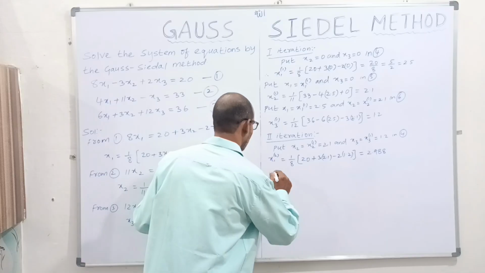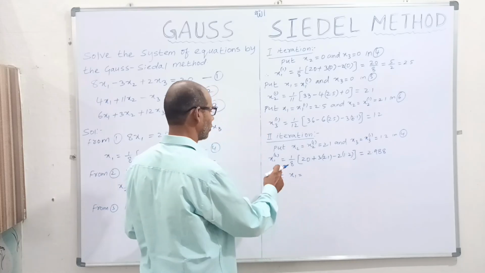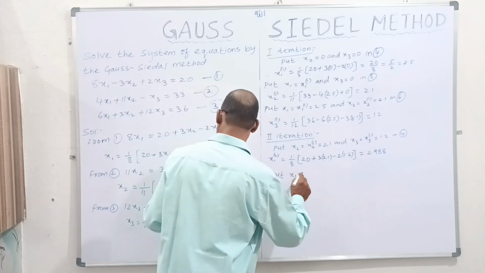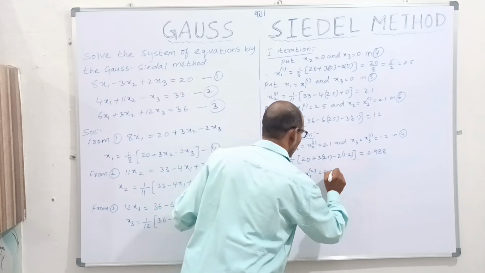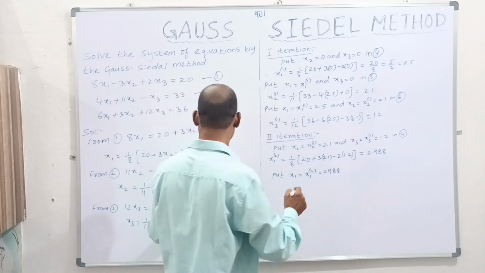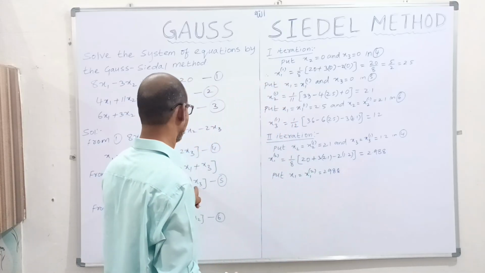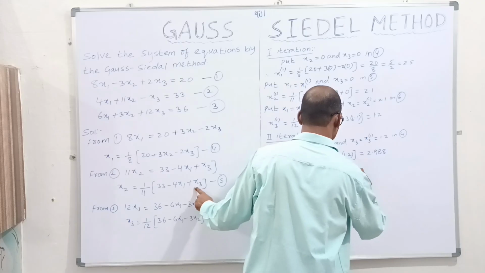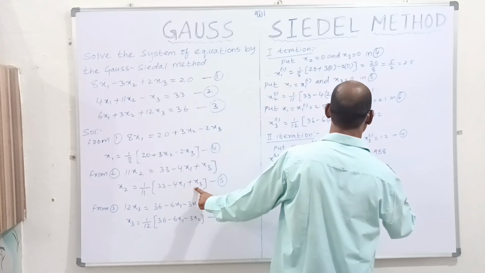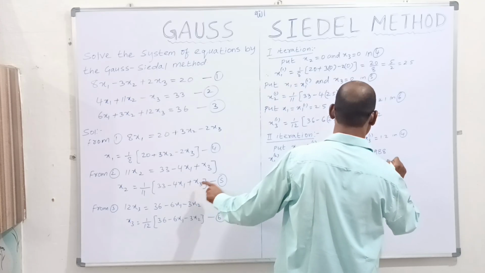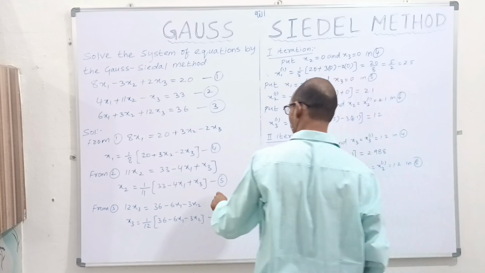Put x1 equal to the value of x1 obtained from the second iteration, that is 2.988, and x3 equal to x3 from the first iteration, that is 1.2, in equation 5. So we have to substitute here.